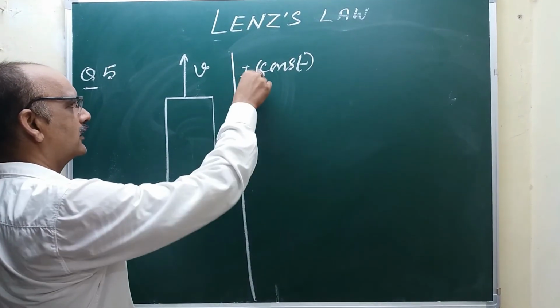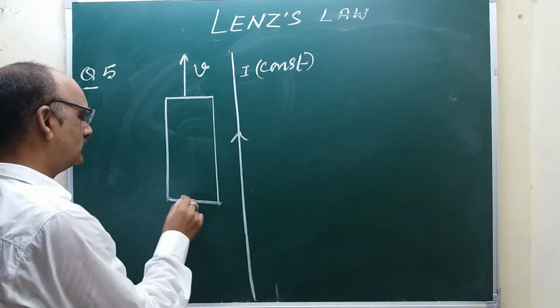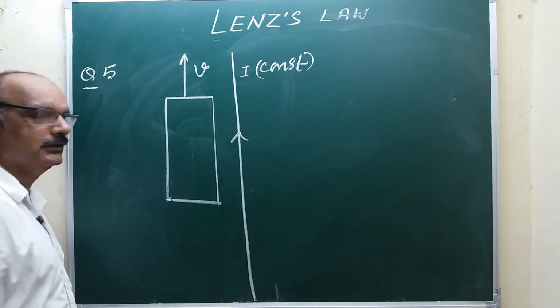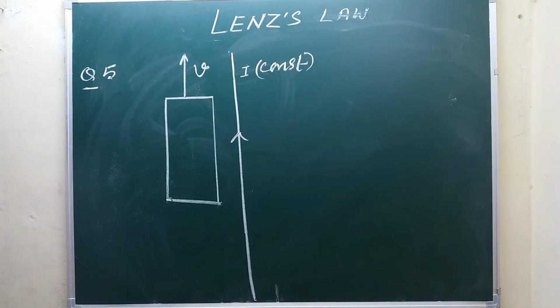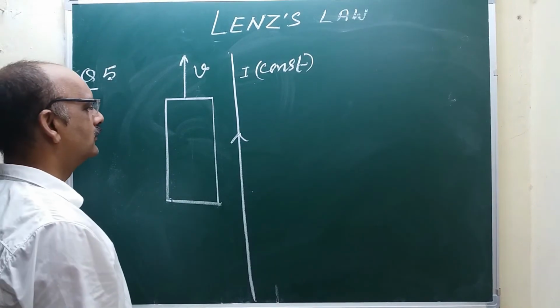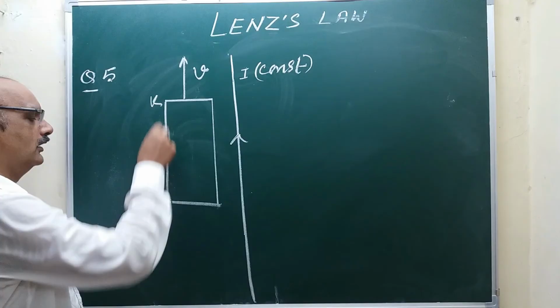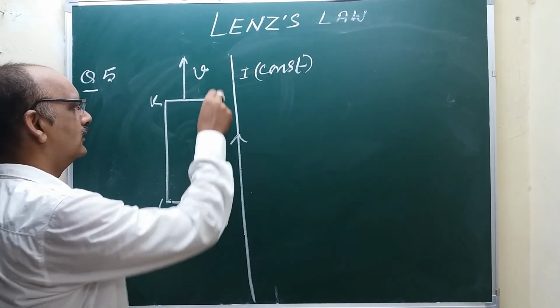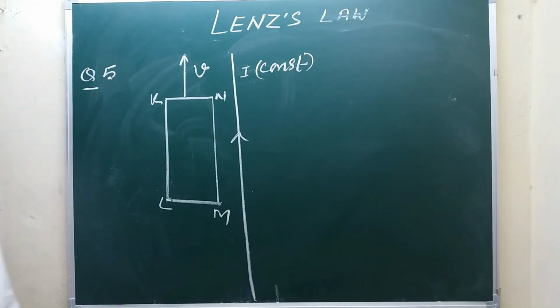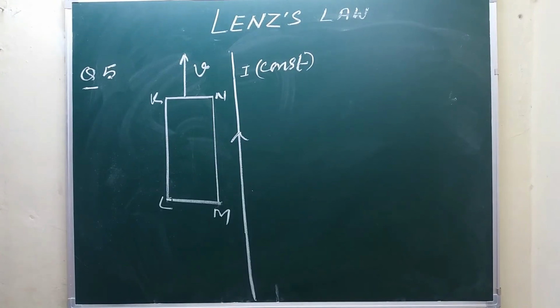Current I in this conductor is constant and this loop is moving with velocity v in upward direction, and we have to give the direction of induced current in this loop K, L, M and N. Right?